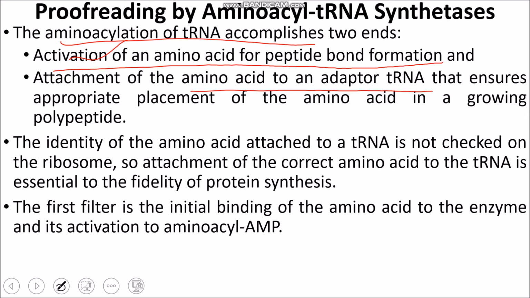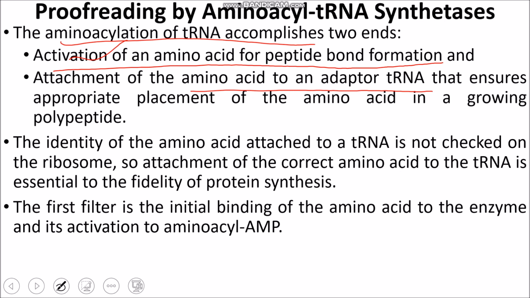The identity of the amino acid attached to a tRNA is not checked on the ribosomes. So the ribosome does not have any facility to check whether the correct amino acid came or not. So that will be done by the tRNA at two levels. The tRNA does the proofreading activity by two different steps.